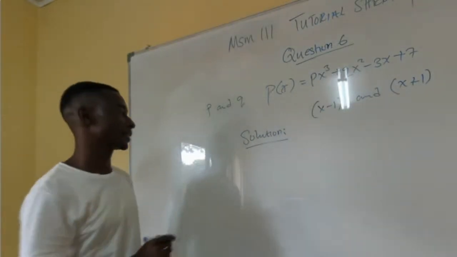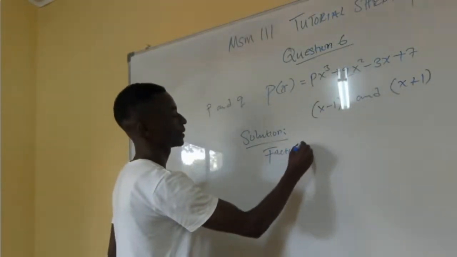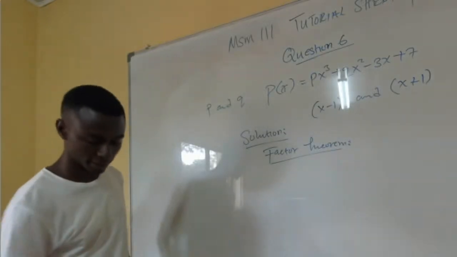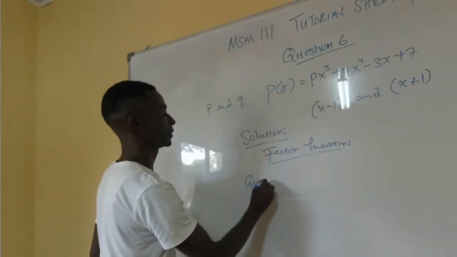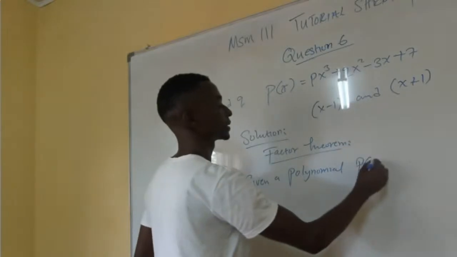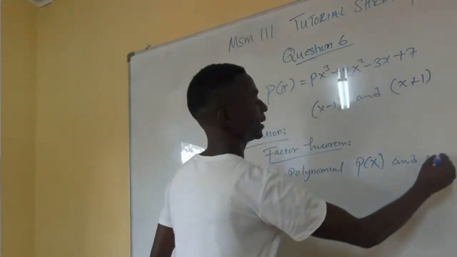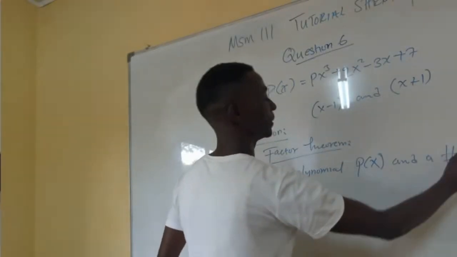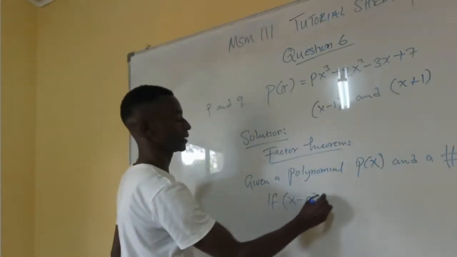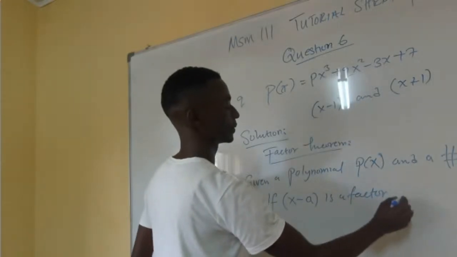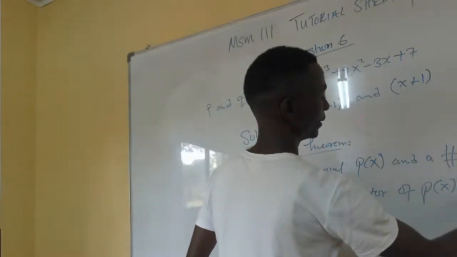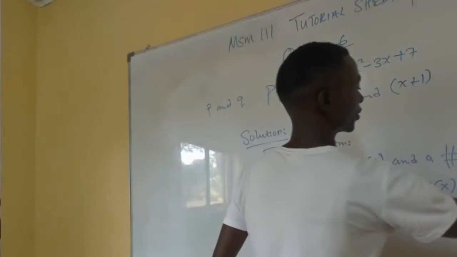So here you have to recall the factor theorem. So the factor theorem states, given a polynomial p(x) and a number a, if x minus a is a factor of p(x), which is the polynomial, then f(a) is equal to 0.